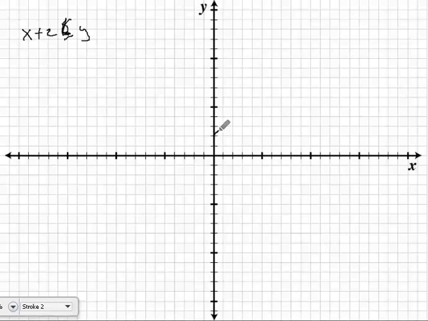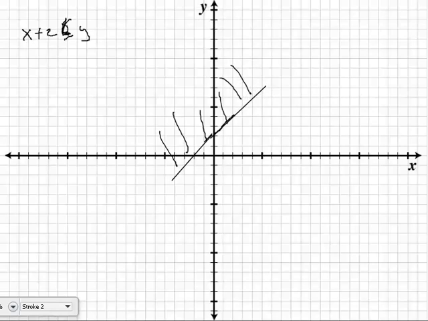It's a solid line. It'll go like this. Okay? So is 2 less than 0? No. I'll be shading on the north side of this one here, up here.